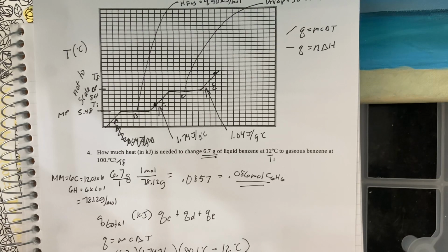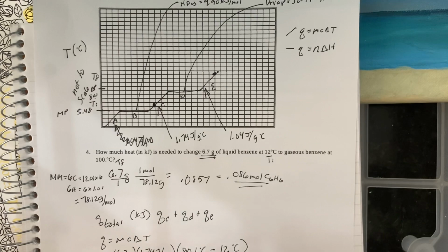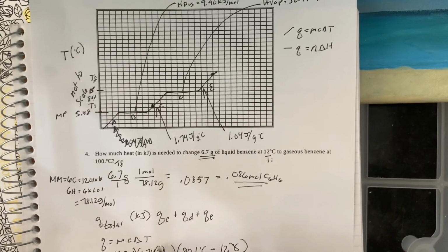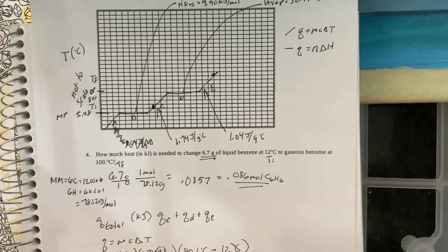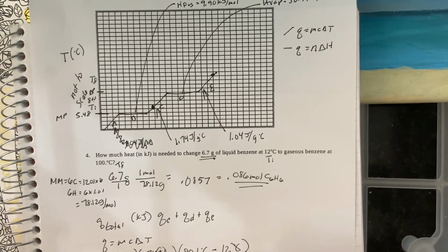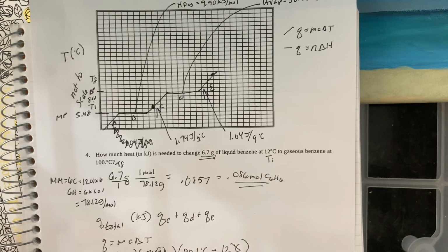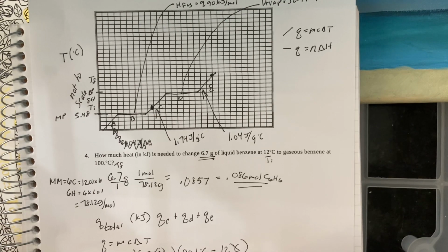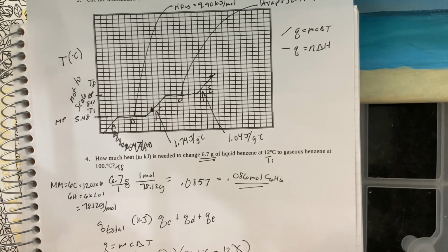Okay, 6.7 times 1.74 times the quantity of 80.1 minus 12. That gives me 793.9. What units is that? Joules. Okay, so I'm not done yet because my answer is going to be in kilojoules. Oh, and how many sig figs? 2 sig figs, so I'm going to do both of that right there. 0.79 kilojoules.